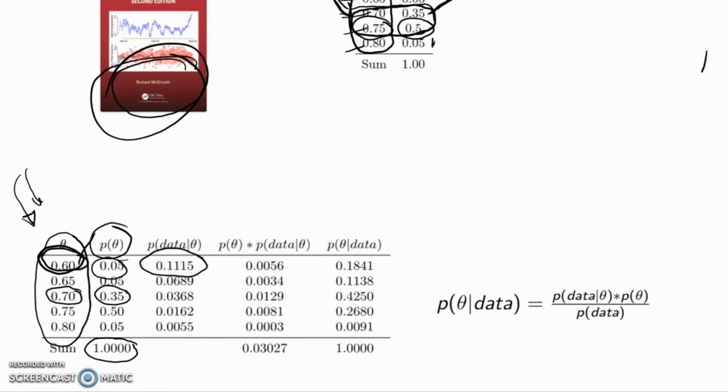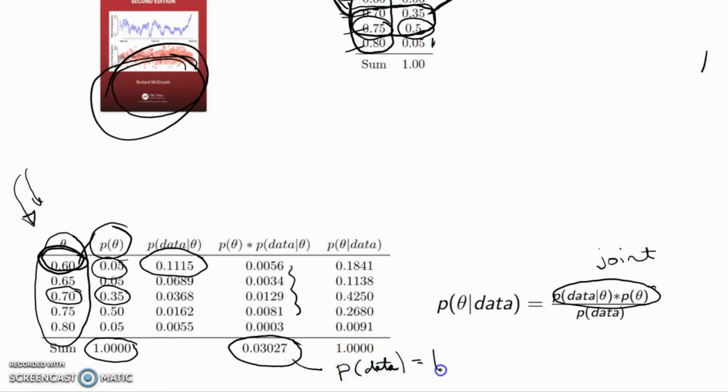So what happens next? If this is our joint, what we've got at the bottom here, if we sum up all these joints, what we get is the probability of the data, which is equal to the probability of getting 4 waters when we do our experiment. And as I said earlier, there's a couple of ways to think about this.